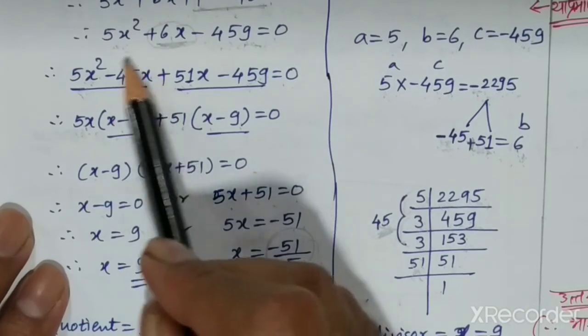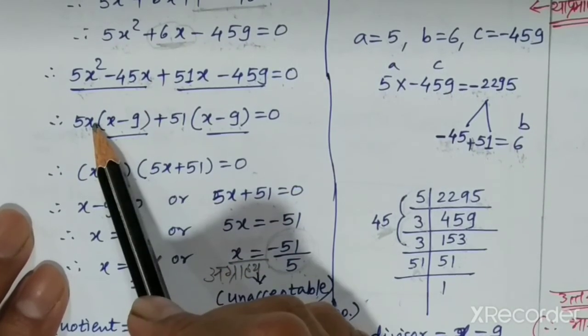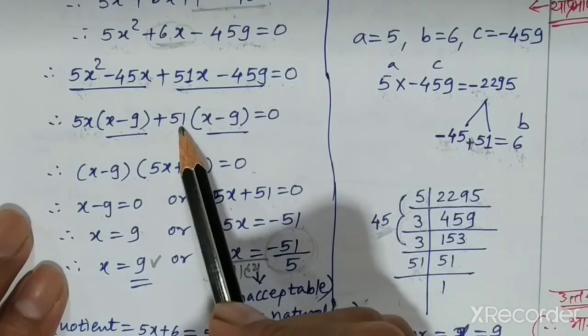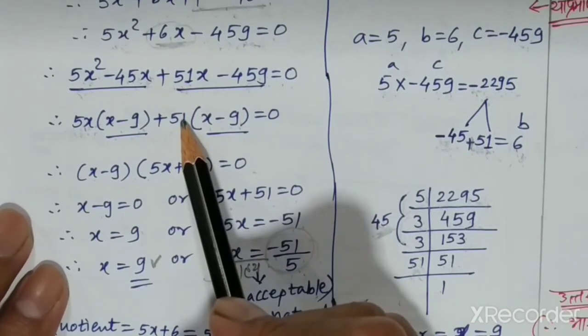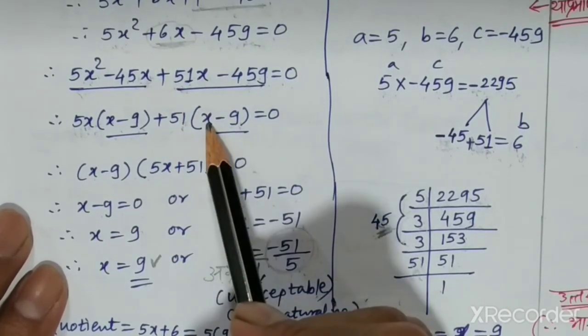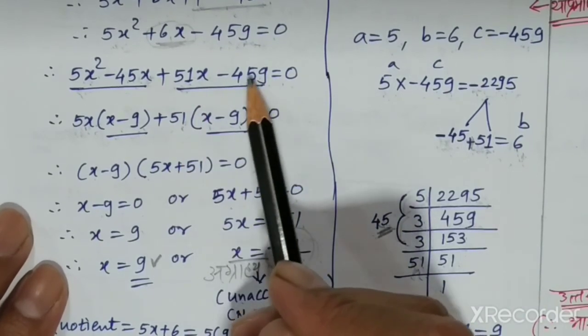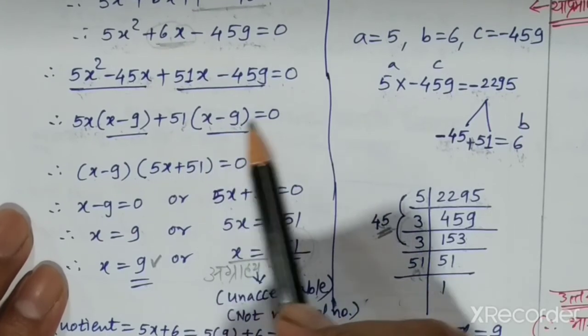Divide this minus 45x by 5x. 5 9s are 45, x gets cancelled. Here in the second group 51 is common, so divide each term by 51. So 51 gets cancelled, x remains, and here 459 divided by 51 we get 9, is equal to 0.